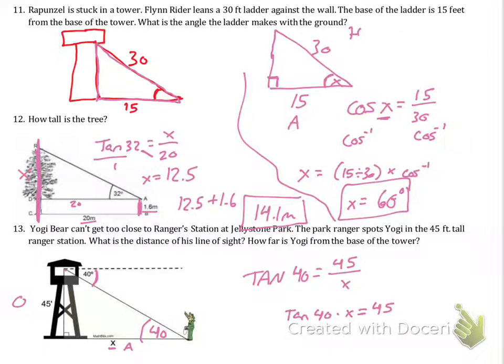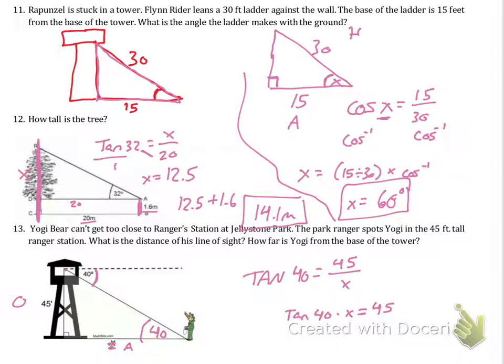So then I would divide both sides by tan 40 to get x alone. So 45 divided by tan 40 is going to be 53.6. Oh, here's the thing.